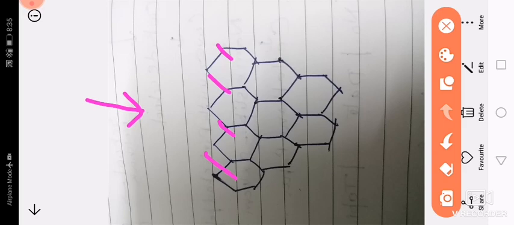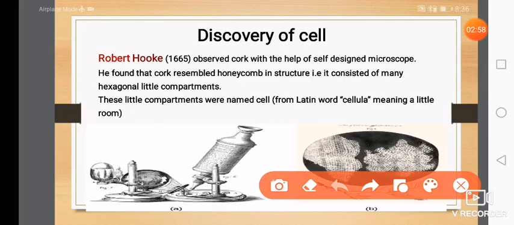This structure looks like a honeycomb. You have seen a beehive where the honeybees live? This structure looks like that. He named these little compartments cells. The term cell is derived from the Latin word cellula, which means a little room.